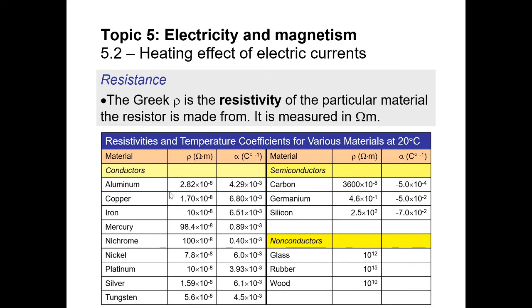So we've got aluminum, copper, iron, mercury, nichrome, nickel, platinum, silver, and tungsten. Tungsten is the filament that was used in incandescent bulbs. Not the spiral light bulbs, those would be the fluorescent ones. Incandescent would be the standard bulb. This is the filament that was inside, which would heat up when the electricity was passed through it and subsequently glow and produce light.